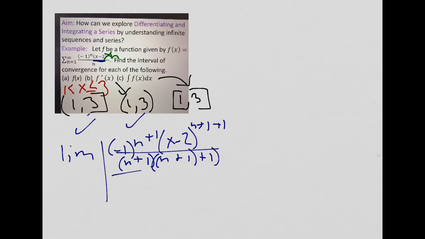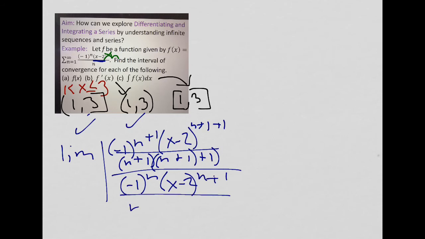That's the numerator, and we need a denominator, and you can leave it as the nth term. Hopefully we can see all that. It looks pretty good.